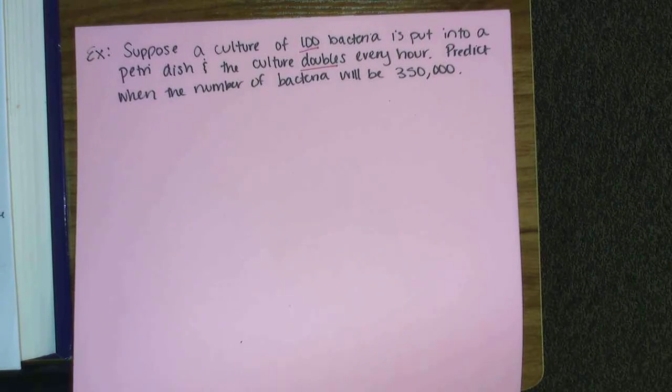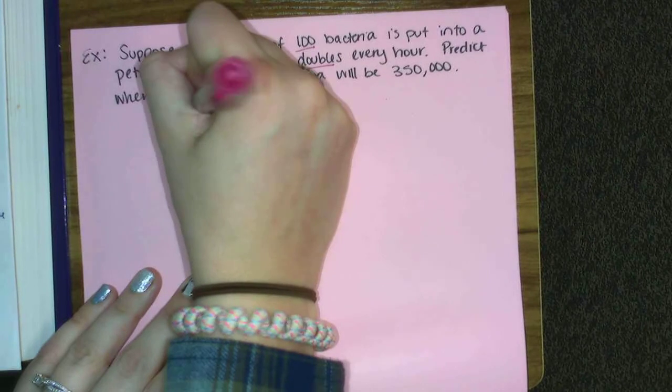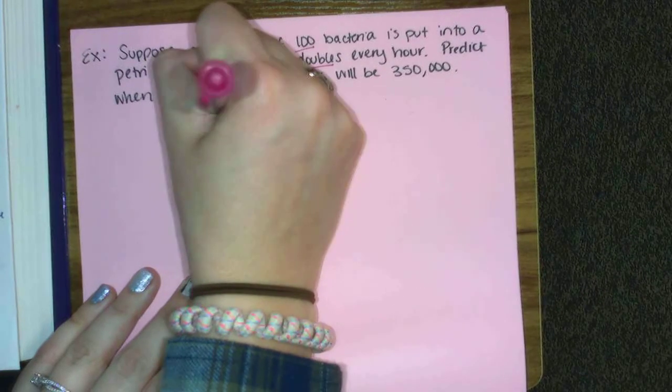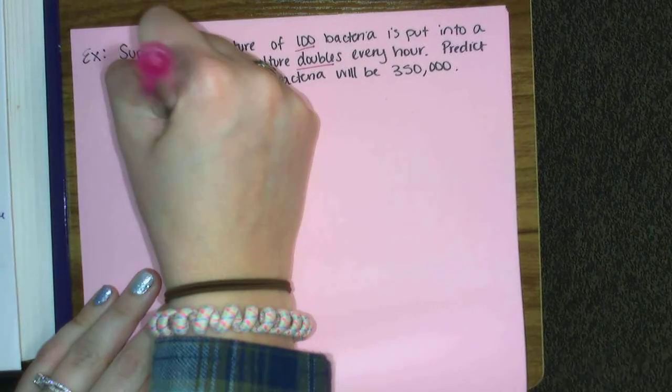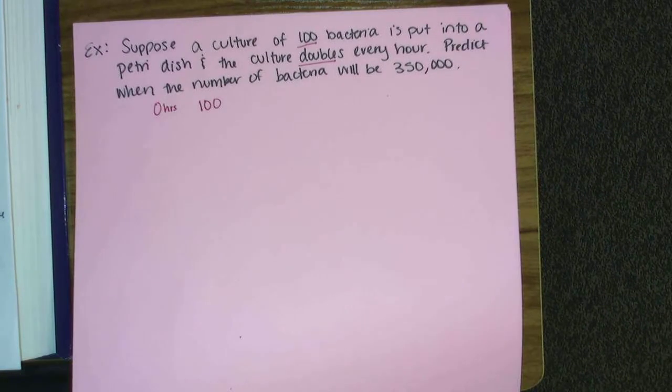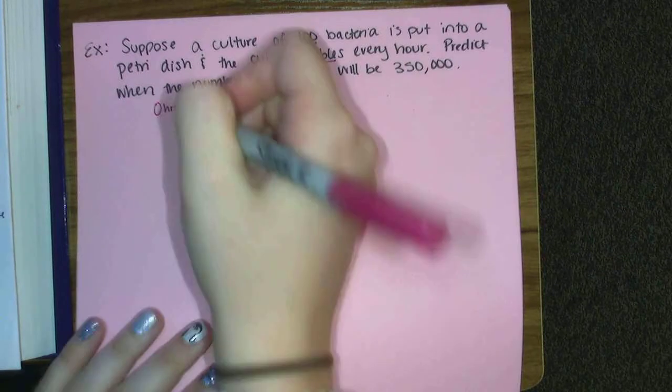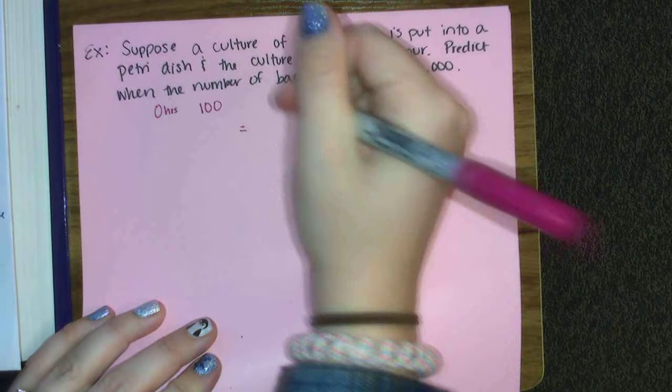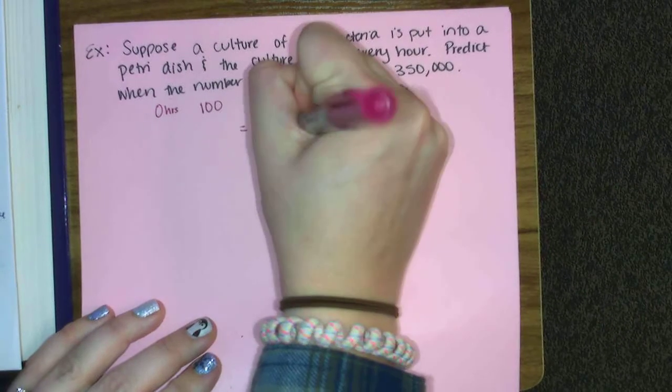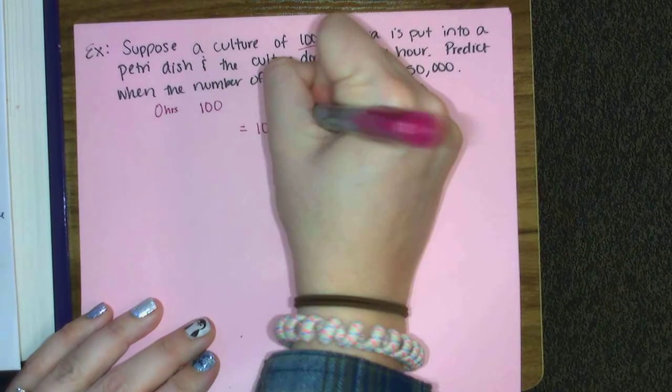So we know that it starts with 100. So at 0 hours, we have 100. Okay, so if it doubles after the first hour, then I have something like 100 times 2 to the first.